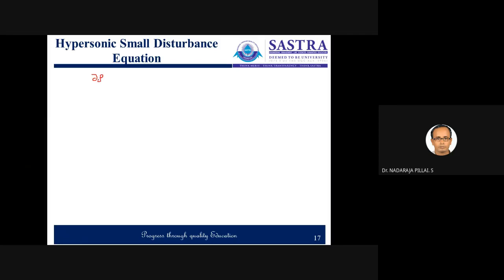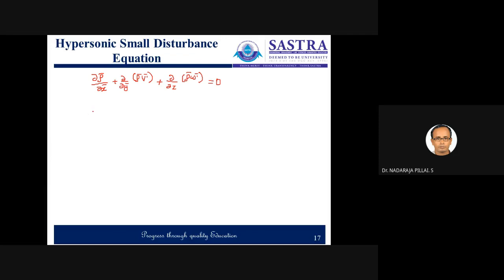∂ρ̄/∂x̄ plus ∂/∂ȳ of ρ̄ v̄' plus ∂/∂z̄ of ρ̄ w̄', that is equal to 0. The simplified equation, because we neglect the τ².